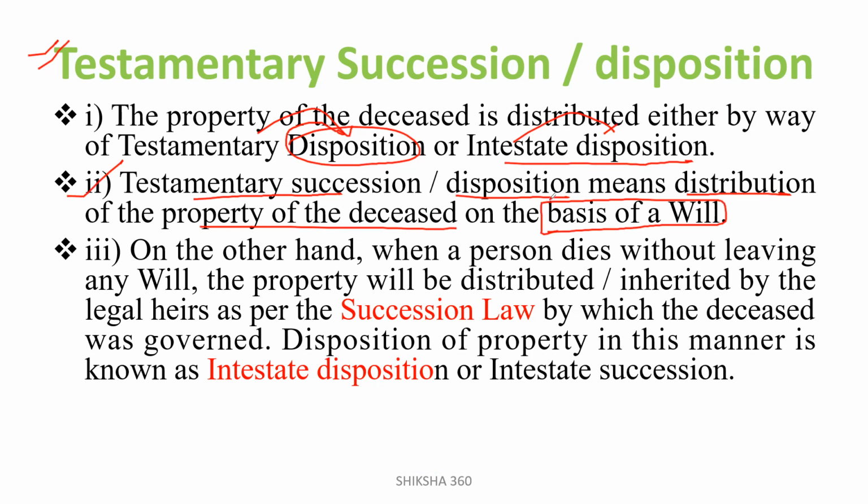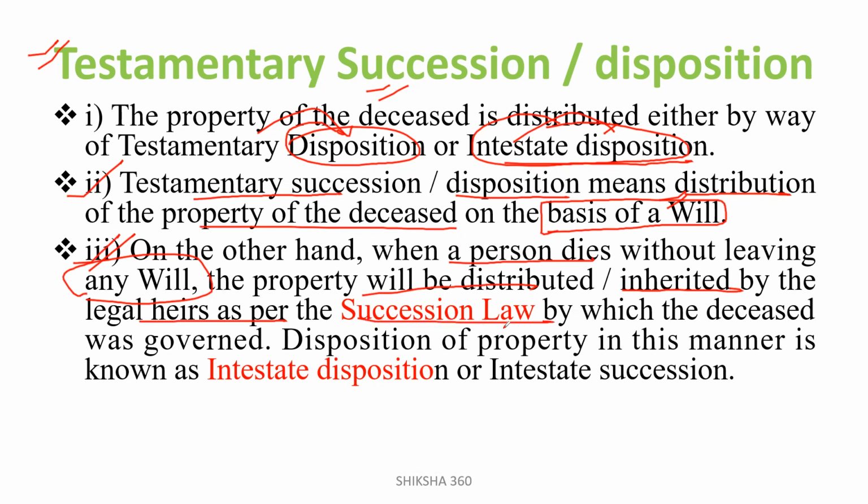So what will happen where there is no will? That is intestate disposition. These types of things you will find in your interview. On the other hand, when a person dies without leaving any will, the property will be distributed or inherited by the legal heirs as per the succession law.